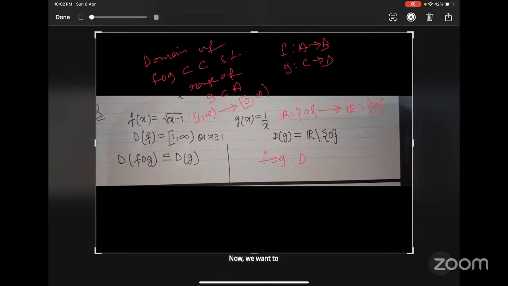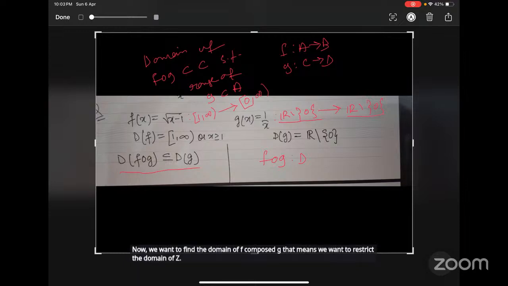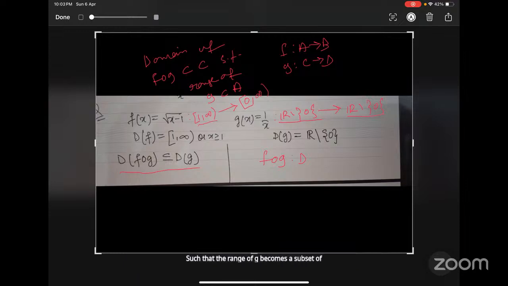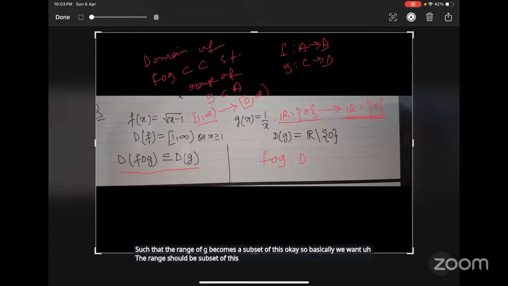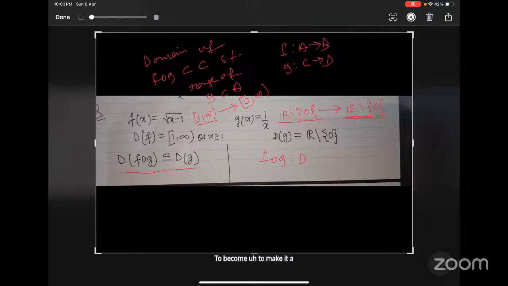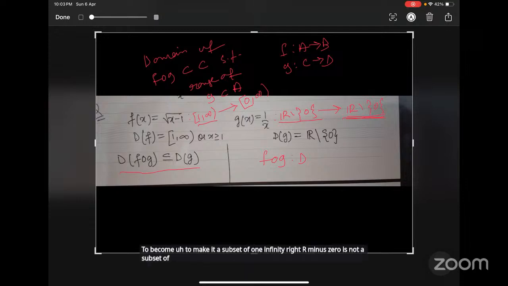Now we want to find the domain of f compose g, which means we want to restrict the domain of g such that the range of g becomes a subset of the domain of f, 1 to infinity. So we have to exclude some points from the range. R minus 0 is not a subset of 1 to infinity, but if we exclude some points from R minus 0, it becomes a subset. What are the points we have to exclude?